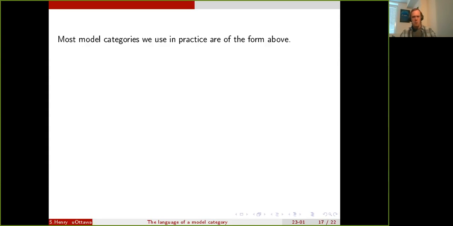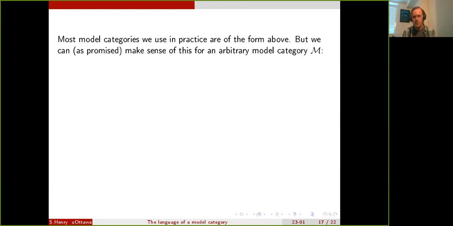Okay, so most model structures that we use in practice, like the model structure on simplicial sets, both the Kan-Quillen and the Joyal, or chain complexes, are model categories of this form. They are model categories on the category of models of a Cartmell theory with the correct factorization system. But I promised you that I would make sense of this for a general model category, so I need to extend this a little bit.